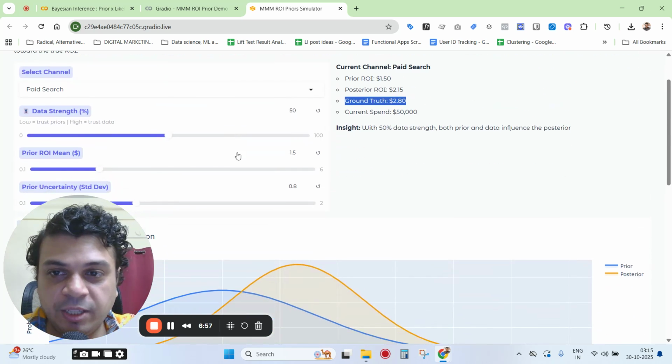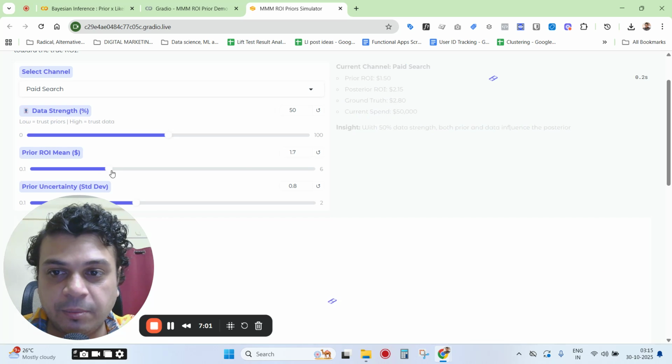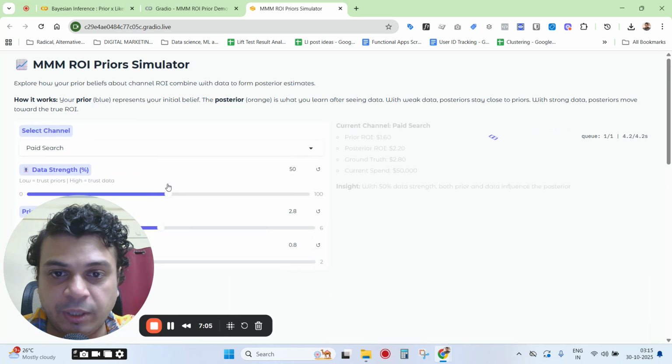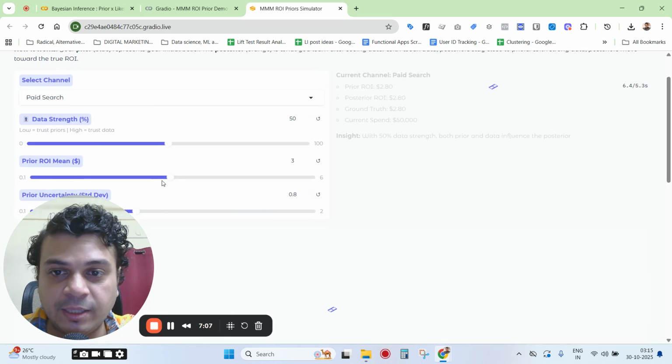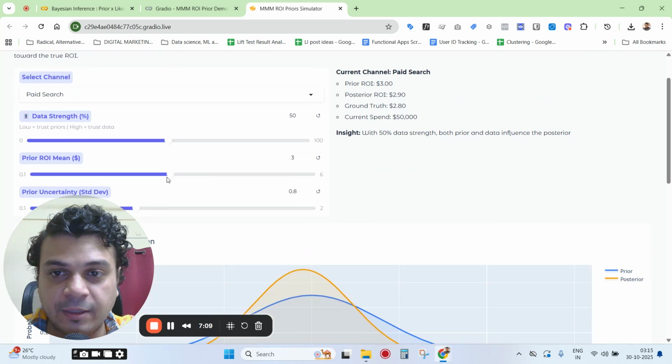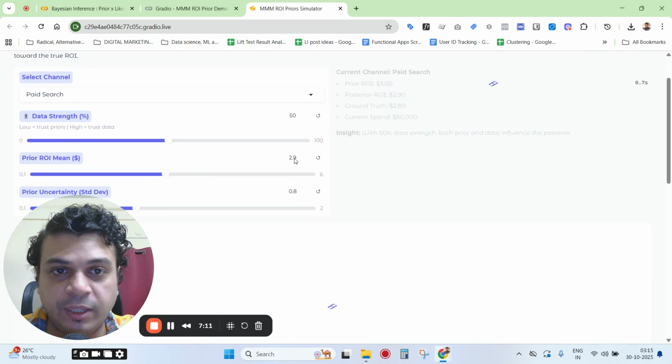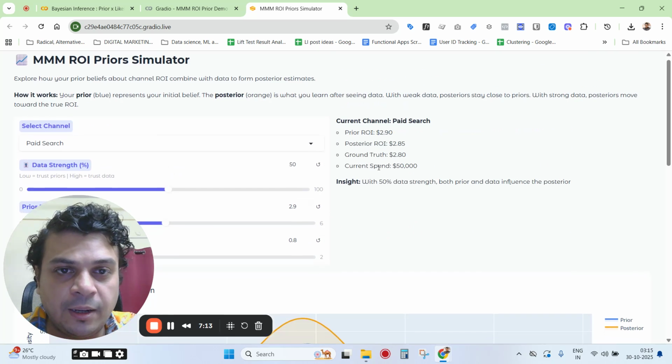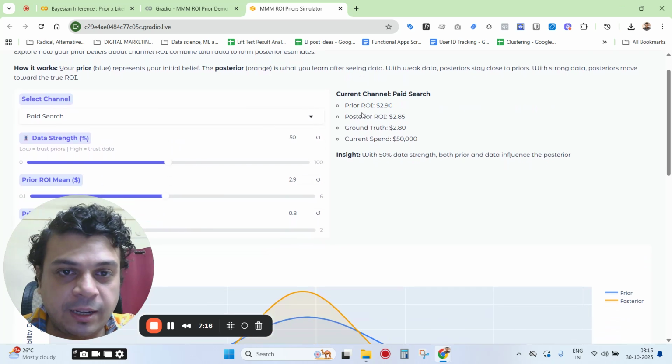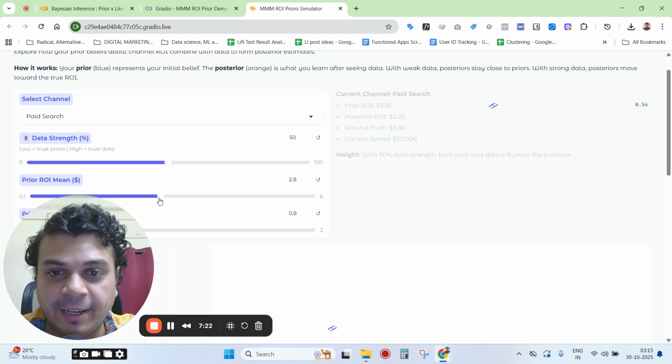Now suppose we change the prior ROI to 2.8, we increase it to 2.8. Let me show you the exact case here. So it's 2.9. You see that as I bring it closer to 2.8, which is the ground truth, all three start getting aligned.